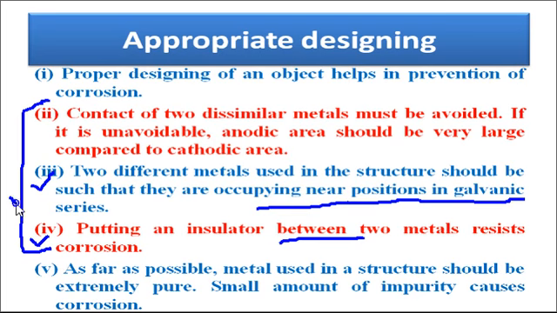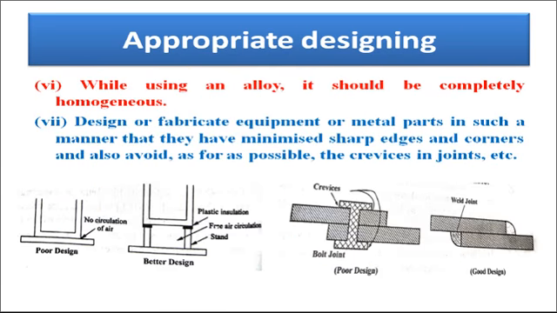So if a single metal is used, this single metal should be extremely pure, because if impurities are present in the metal, then the presence of these impurities causes chemical non-uniformity, and due to the chemical non-uniformity, the metal undergoes corrosion. So if a single metal is used, then it should be extremely pure.